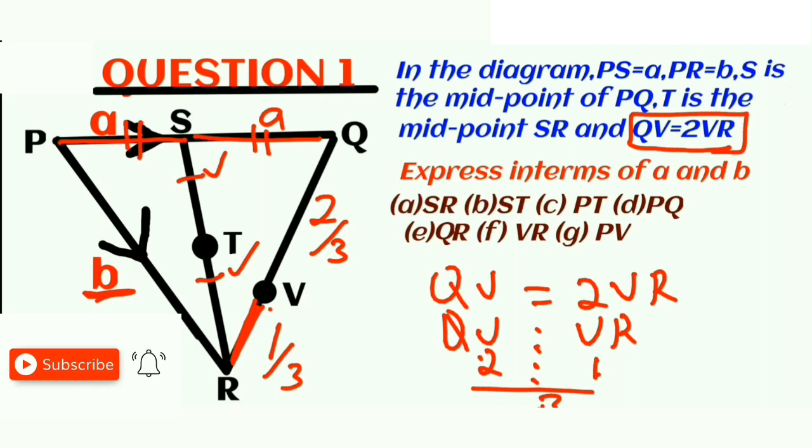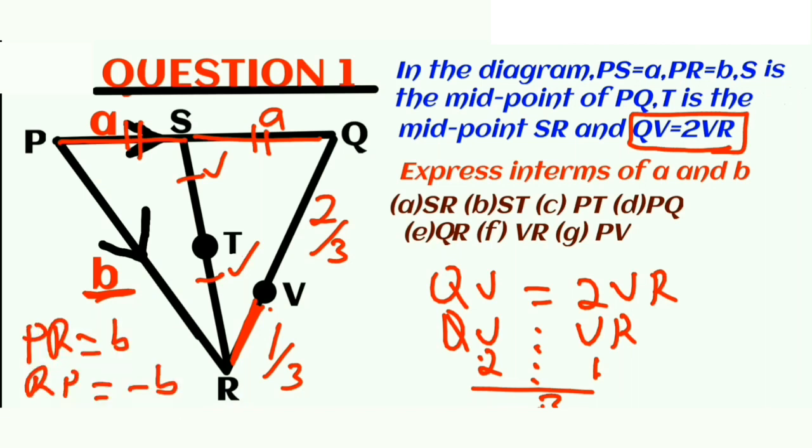This is because whenever you oppose the direction of the arrow, your distance becomes negative. Whenever you oppose the direction of the arrow, your distance becomes negative. So that's it on how to understand the way of tackling the questions. So let us start to answer the first question, question A.